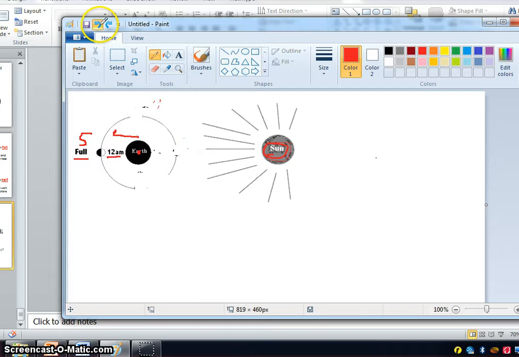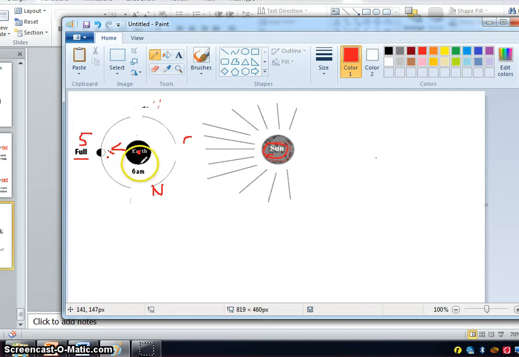If I go back a little bit and I say, okay, what about 6 a.m. on a full moon? So now we can start deleting these. 6 a.m. on a full moon. Well, the moon is still pulling Earth's water that way.